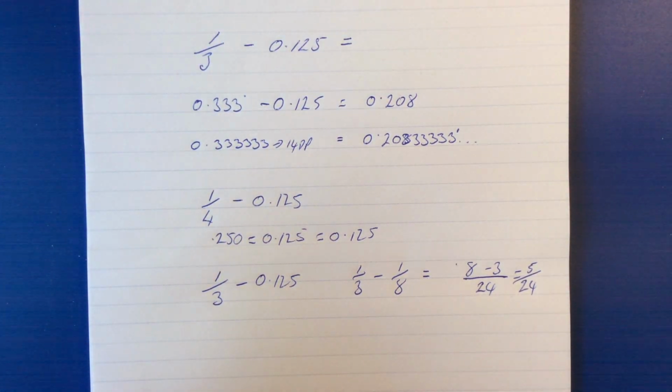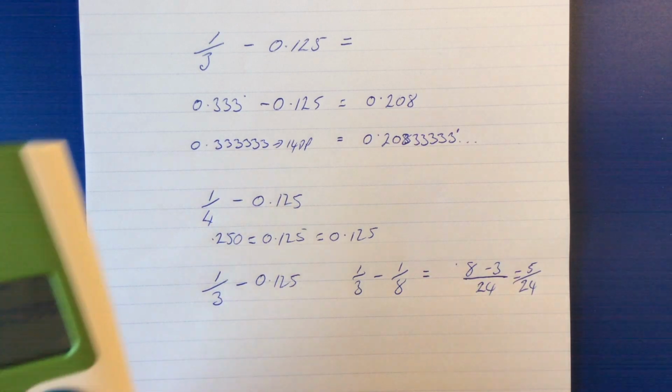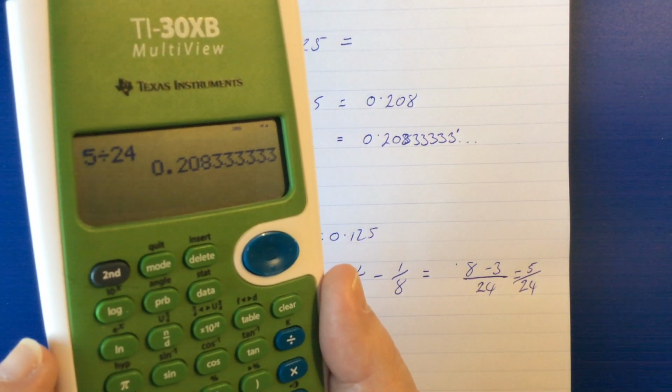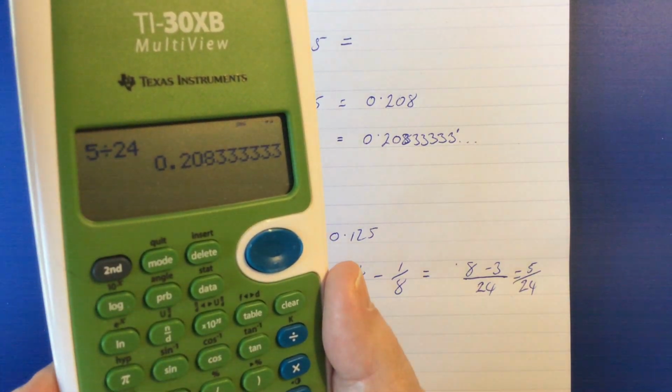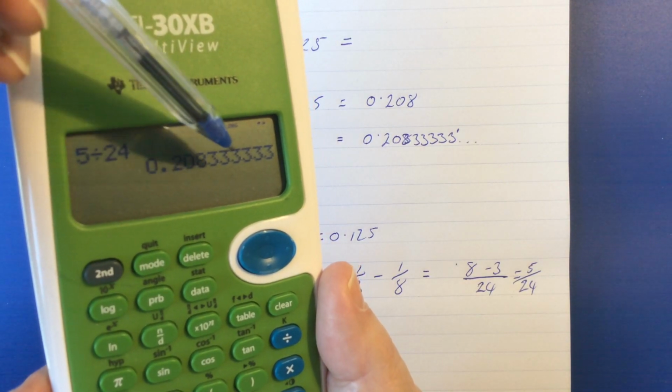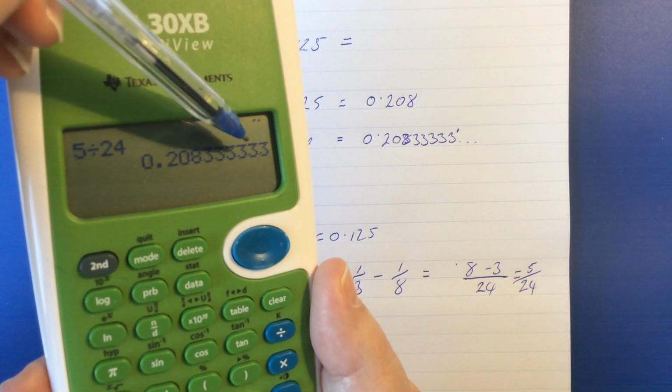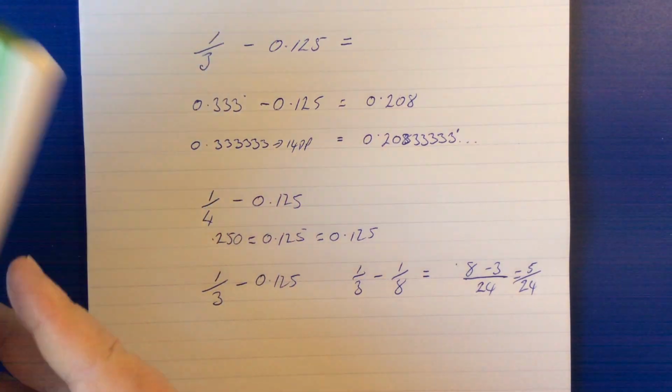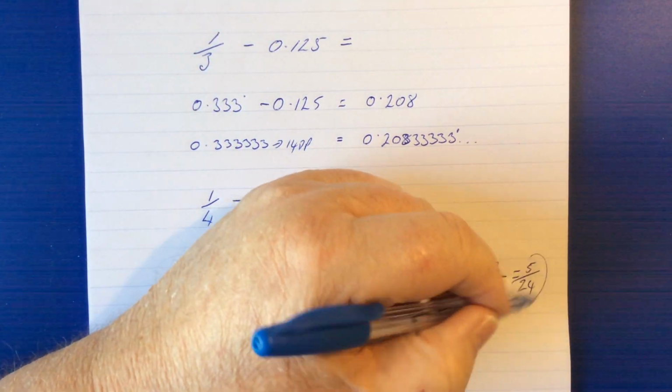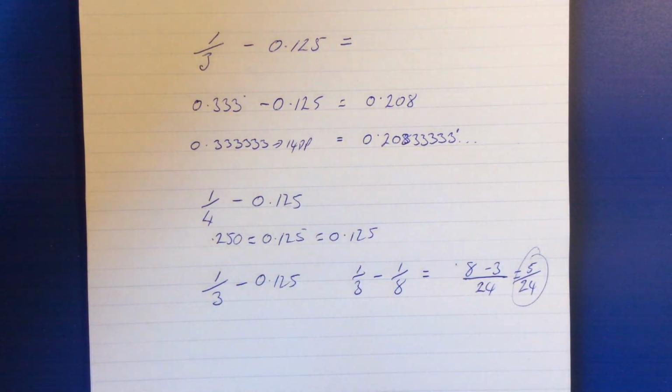Now, if we convert that to a decimal, look at what we get. By the way, this is an endless non-recurring decimal, and decimals are not really able to express this completely accurately. So what is the moral of this story?